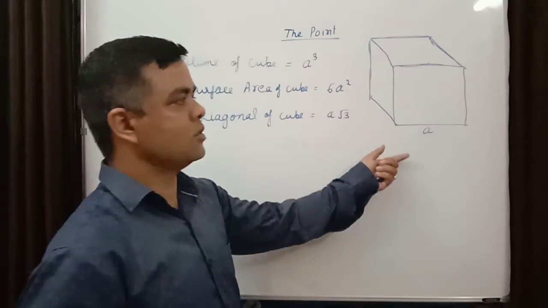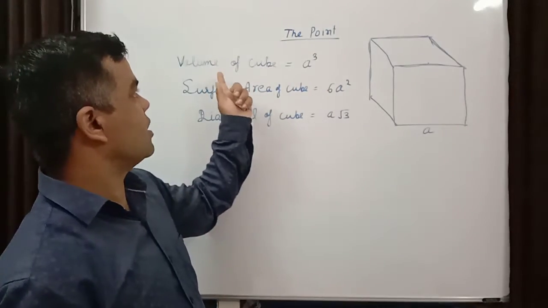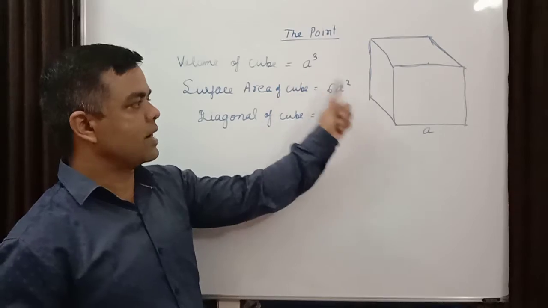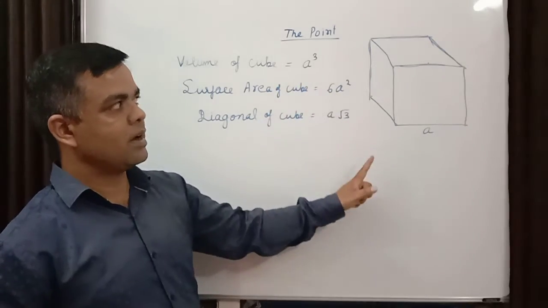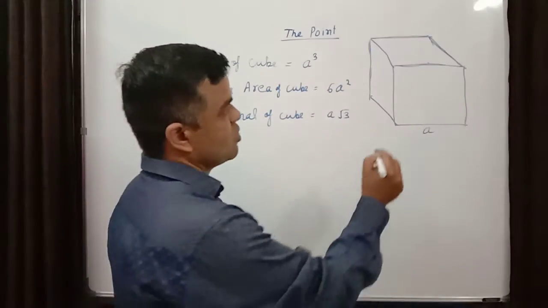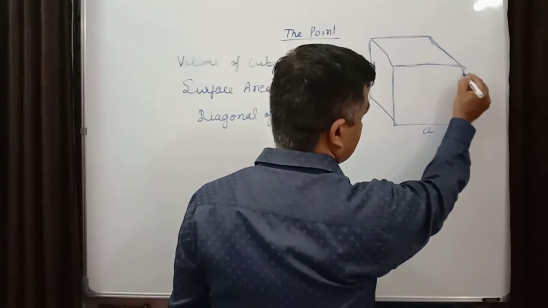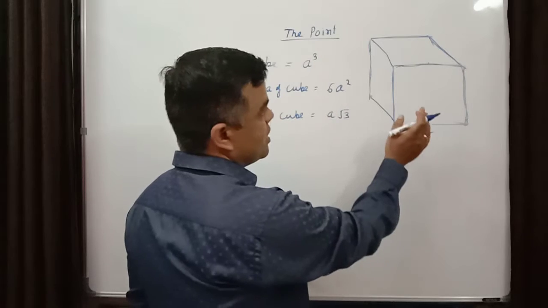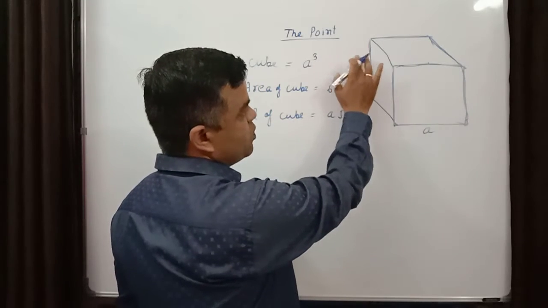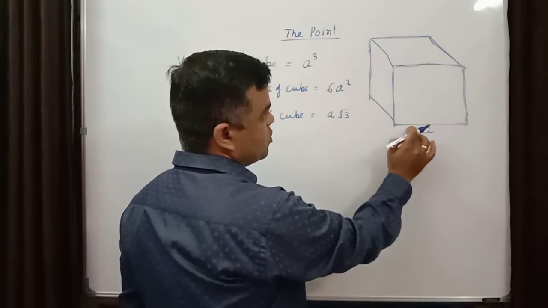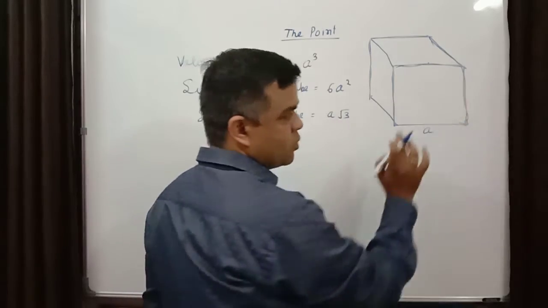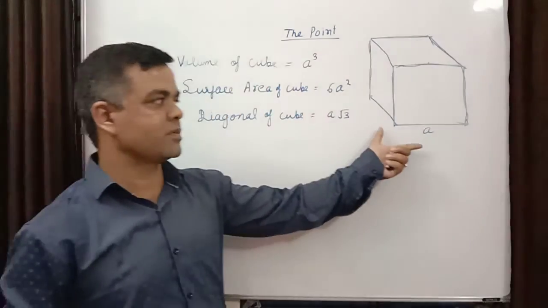Side is denoted by a. So side cube is the volume of the cube, and there will be 6 faces. Each face's area is side square. You can imagine 6 faces: these 2 opposite faces, these 2 opposite faces, and these 2 opposite faces. So there will be a total of 6 faces.